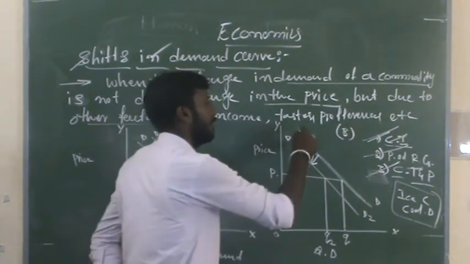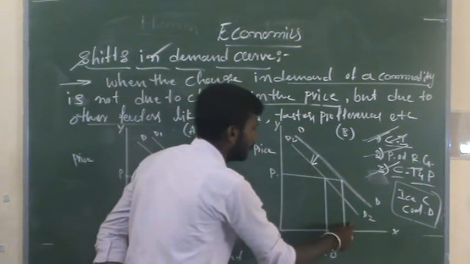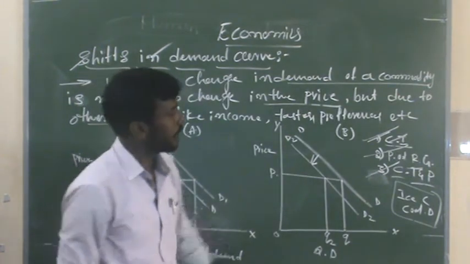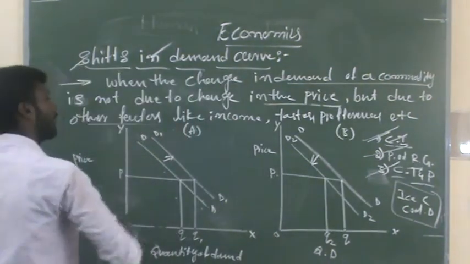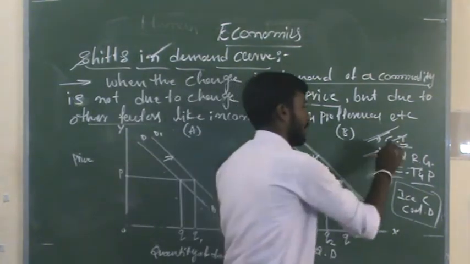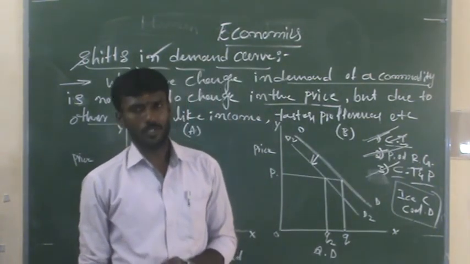Due to that reason here, the demand curve will shift from DD to D2, I mean leftward or downwards. Totally, if any changes of consumer income, it leads to a shift in the demand curve rightwards or leftwards.